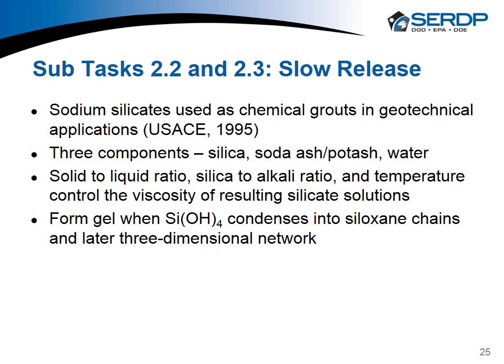You can vary different things, such as the silica to alkali ratio, the temperature, and so on. But basically, you can drive these things to produce siloxane chains, which are organic functional groups that start out as a chain and then later reform as a 3-dimensional network.